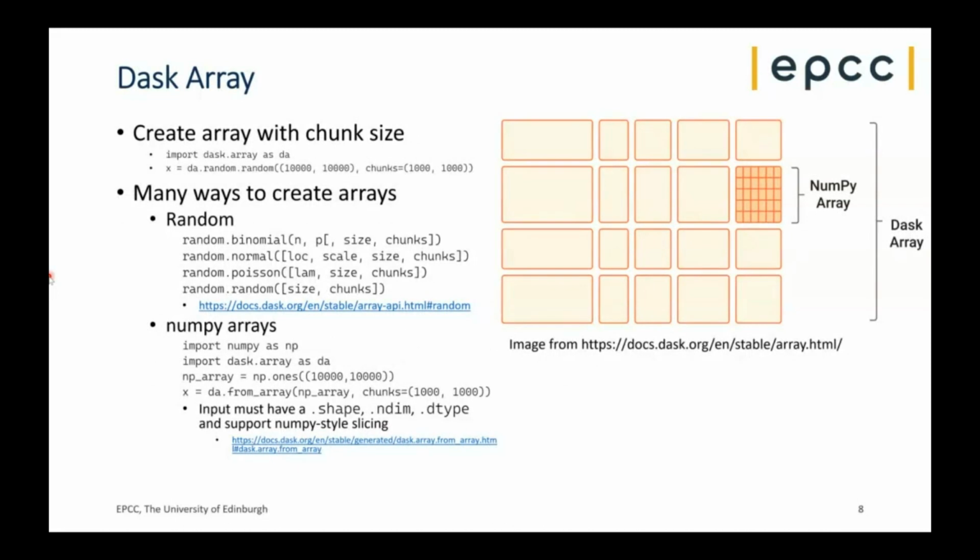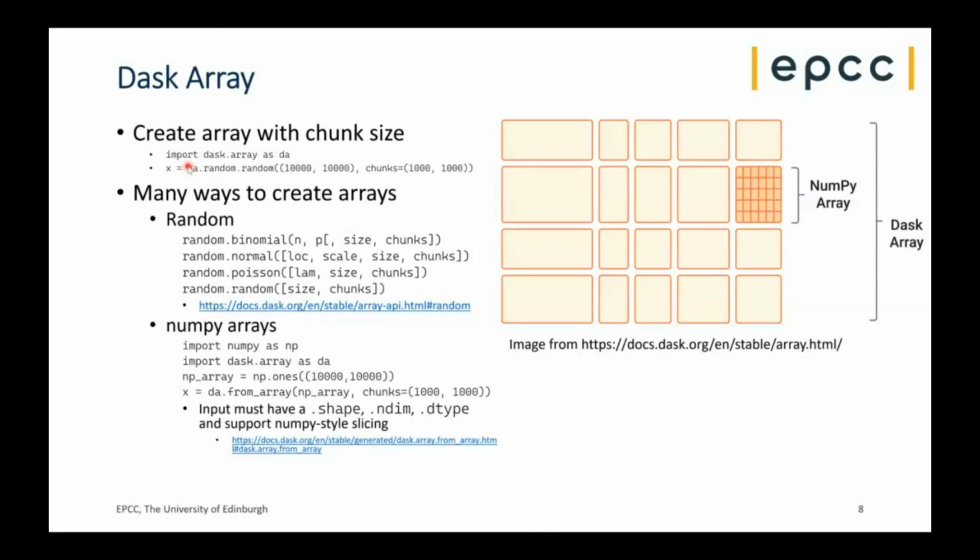Okay, so what does this look like in reality? This here is an example of doing something using Dask arrays, which, as I say, is very much like NumPy functionality. And here you can see you can just create Dask arrays.